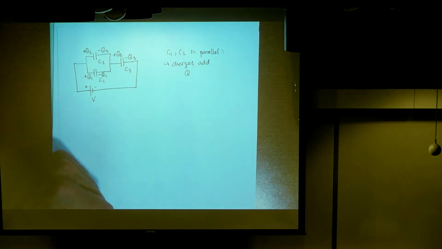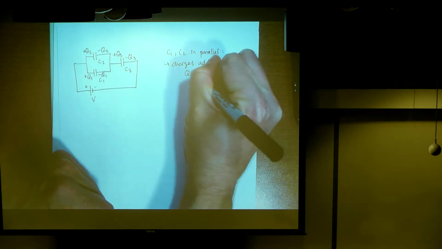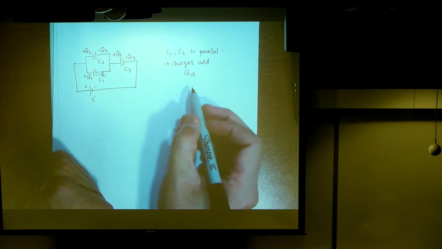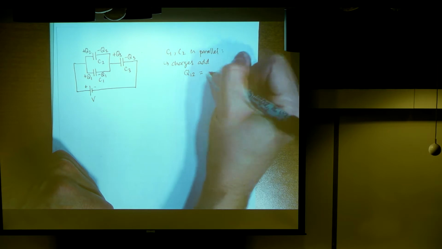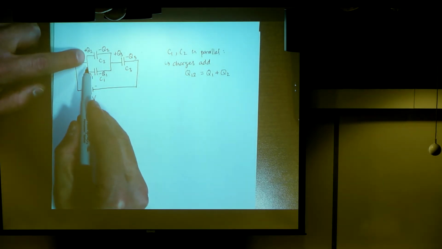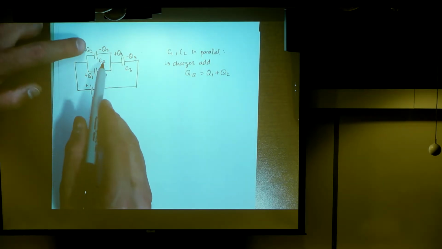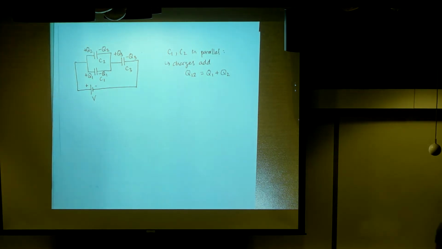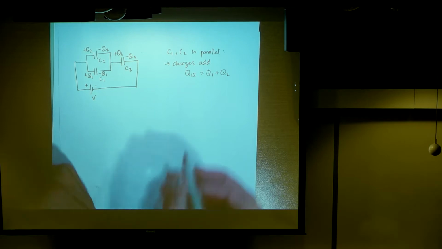And what that means is if we were to combine these into a single capacitor, which I'll call C12, the charge on that equivalent capacitor, which I'm calling Q12, is Q1 plus Q2. Okay? And it makes sense because basically the charge that's going into the combination is going to be split between these two, so they add together. Does that make sense? That's just generally true of parallel connections.